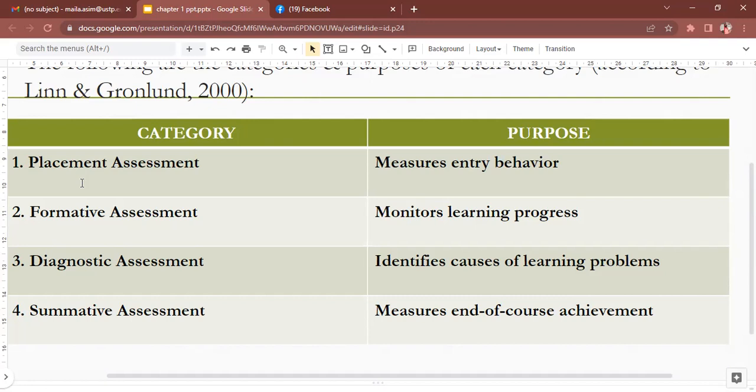Meanwhile, summative assessment is like a summary, done at the end. For example, the midterm exam is near, so I will give a summative assessment from topic 1 to the last topic of the midterm period because it measures end of course achievement. How much have you learned from our first topic until our last topic? That can be considered end of course achievement. Right?